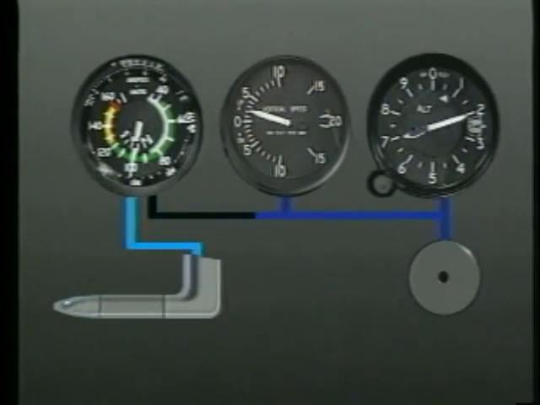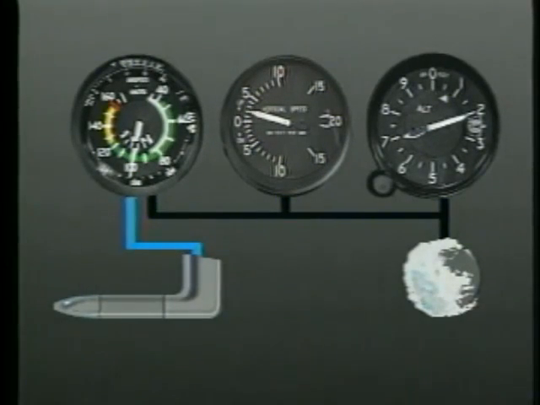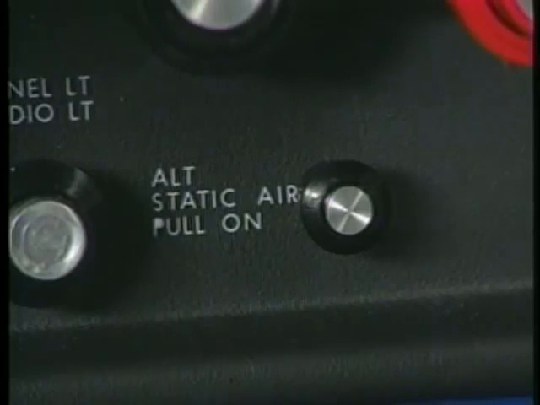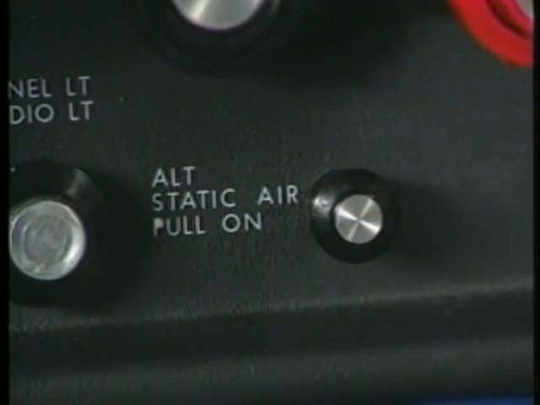If the static system becomes blocked while you're changing altitudes, the altimeter freezes in place and the VSI returns to 0. If this occurs, you need to find an alternate source of static pressure. Many aircraft have an alternate static source. On a non-pressurized airplane, it is usually vented to the cabin area.